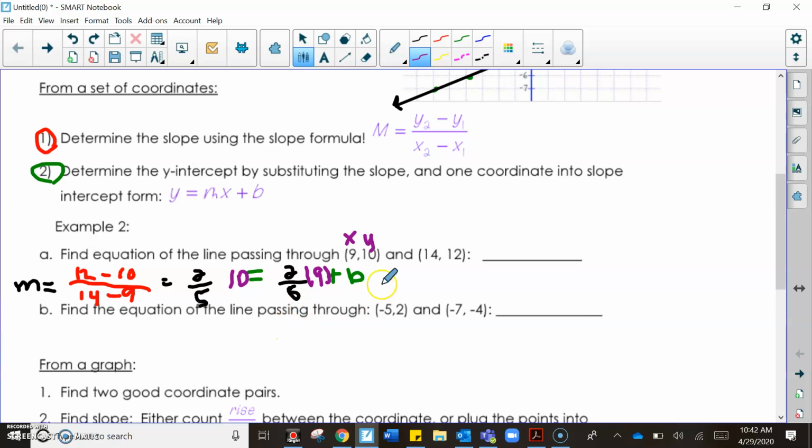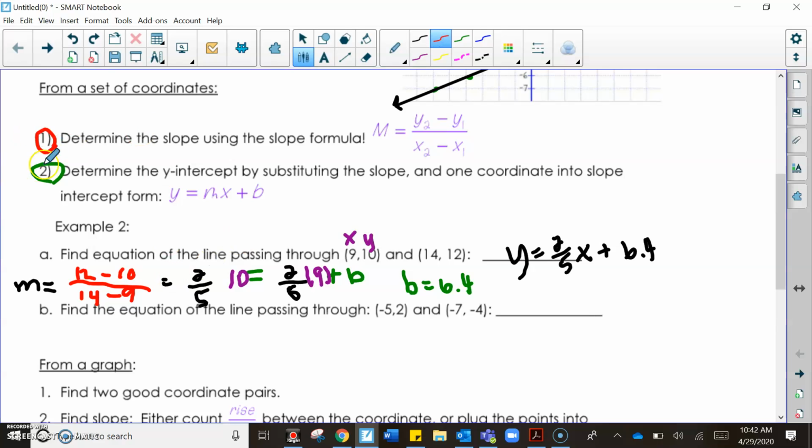And that's going to give me a b value of 6.4. So essentially what I did, and I don't have room for, is I solved for b. I multiplied and I subtracted this over. So the equation of my line is y equals 2/5 x plus 6.4. All right, let's try that one more time.